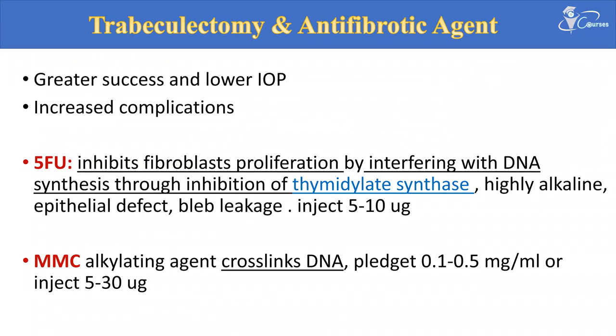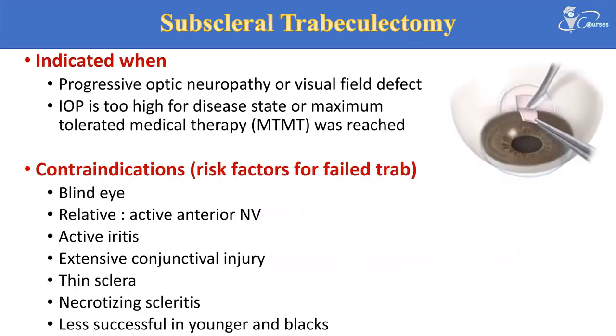So how can we increase the success? We said why it fails, so how can we increase the success? It will be by using antifibrotic agents. Antifibrotic agents are agents that will prevent the healing. When we create a wound, in this case by making this subscleral flap and then opening the trabecular meshwork, we are creating an artificial wound.